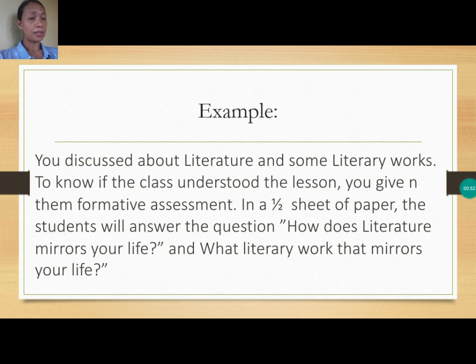To know if the class understood the lesson, you give them a formative assessment. On a one-half sheet of paper, the student will answer the question, how does literature mirror your life? And what literary work mirrors your life? If the students are able to reflect themselves in the lesson, that means they understood.